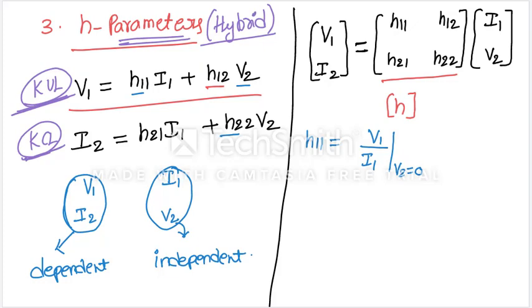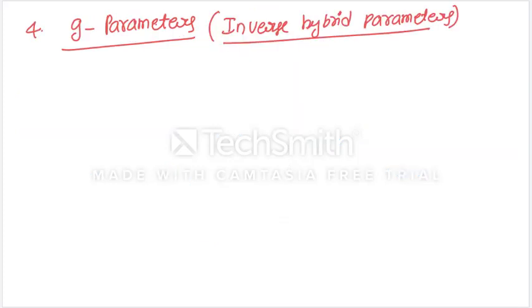Previously, the dependent variables were V1 and I2, and the independent were I1 and V2. Simply inverse. Now you take the dependent as I1, V2.